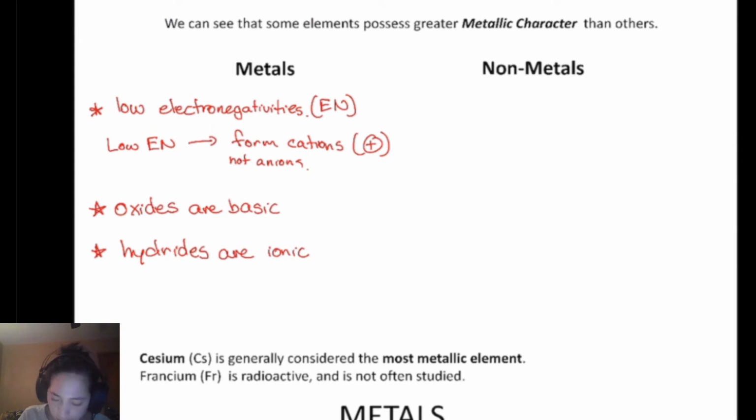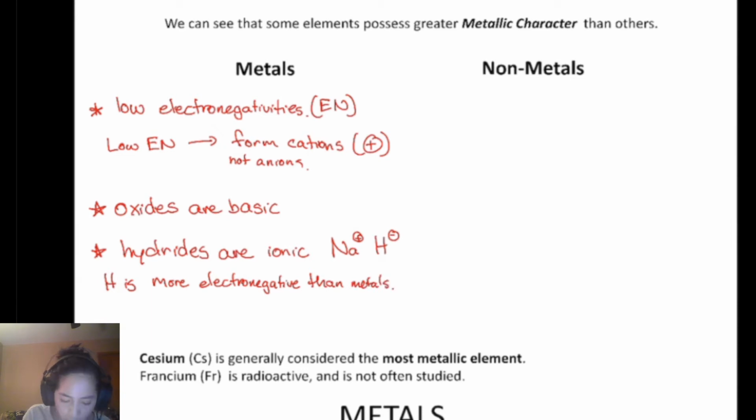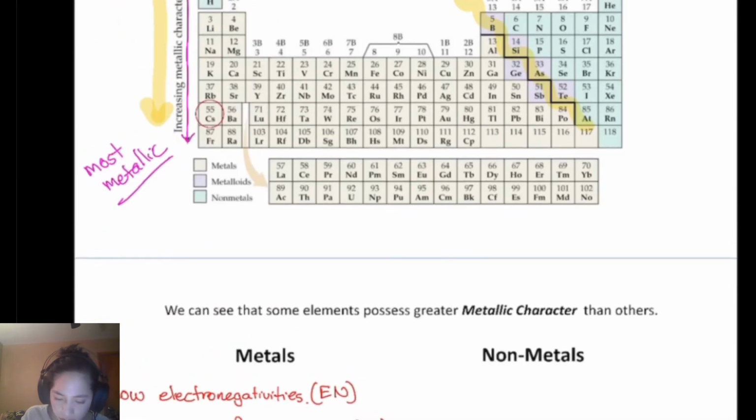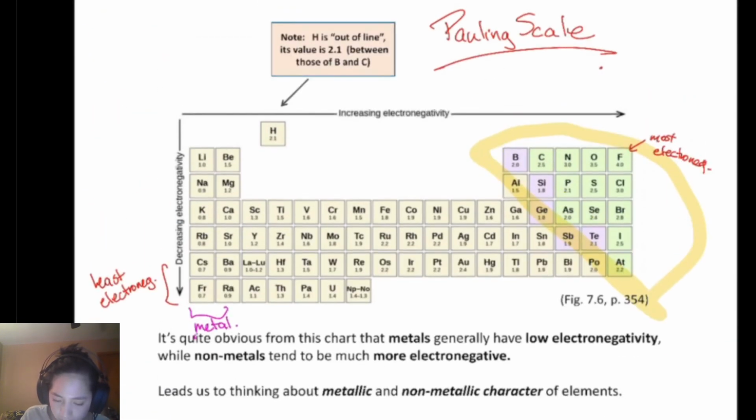All right. So an example would be sodium hydride. This is because hydrogen is more electronegative than metals. So I might have to go back a couple slides to show you this. Okay.